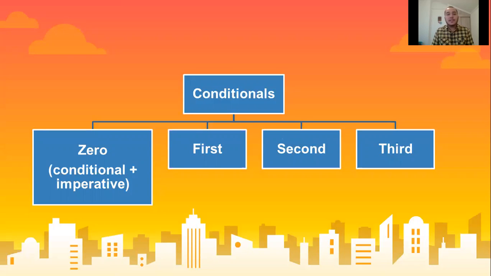And in this unit, we are going to see zero conditional, and in parentheses, it says conditional plus imperative, which is like a subcategory of zero conditional. And we are going to see first conditional this year. Next year, we are going to see second and third conditional. So this is a very important topic for you guys, okay?